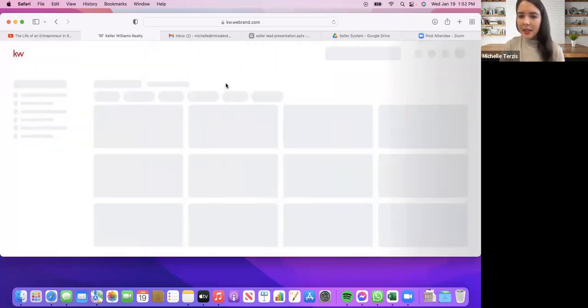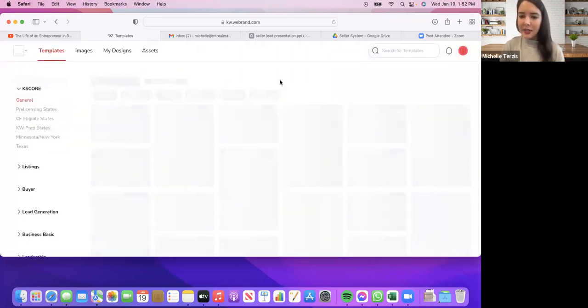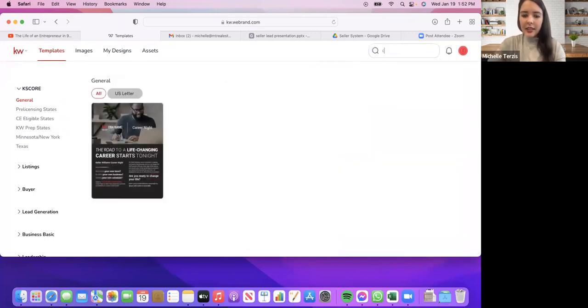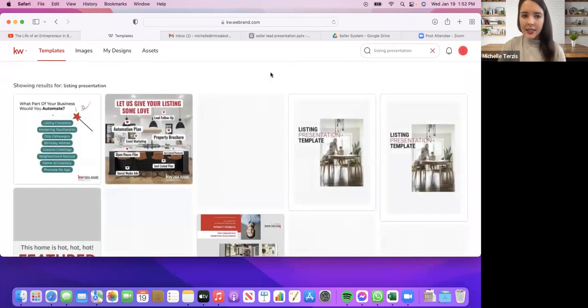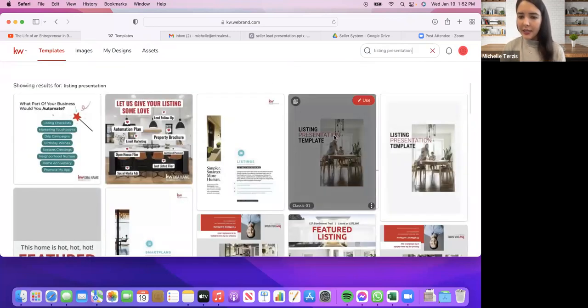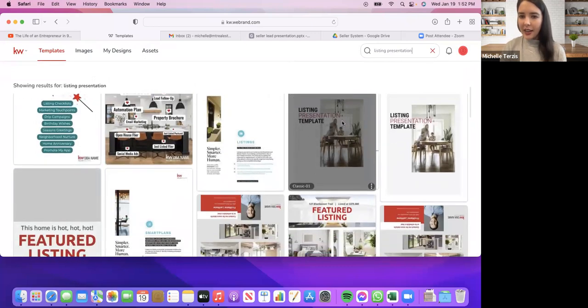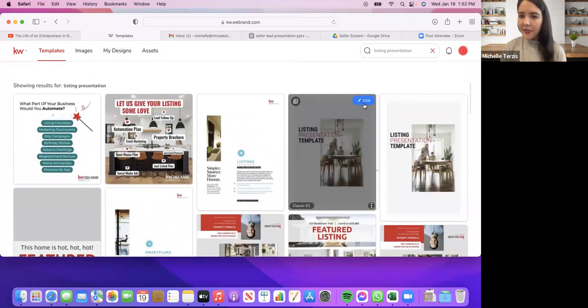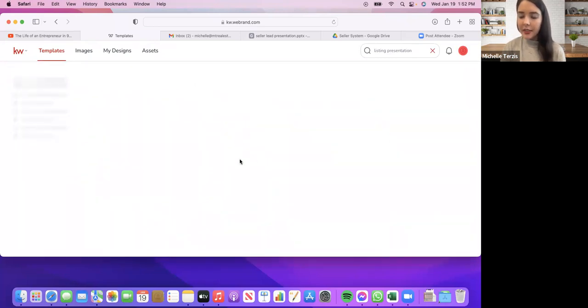You'll be able to go in here and find a listing presentation that's already been created. If I search here, listing presentation, it's going to show me a variety of different templates. In Command, you can actually edit these and change it to your information. So there's no need to recreate the wheel.